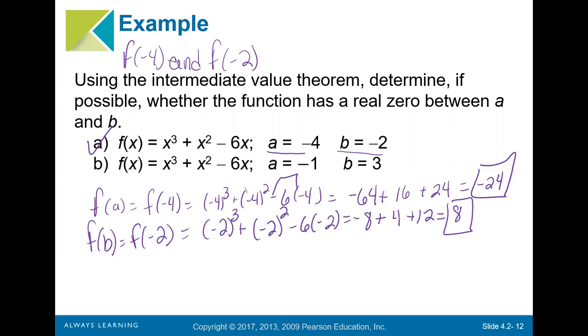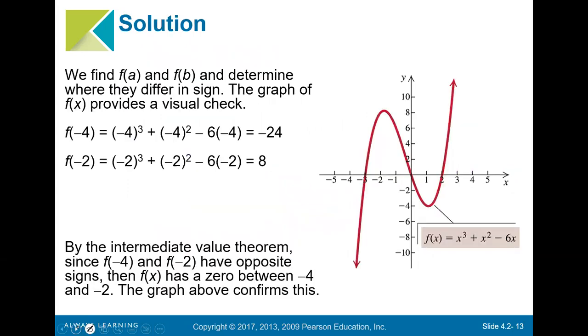And if you look, f of -4 yielded a negative sign, and f of -2 yielded a positive sign. So therefore, we know that there is a 0 between these two on the graph. Okay. And if you look, the next slide confirms it.